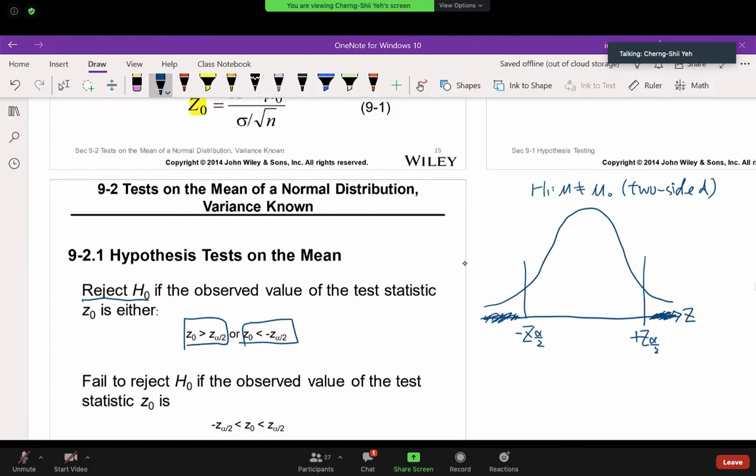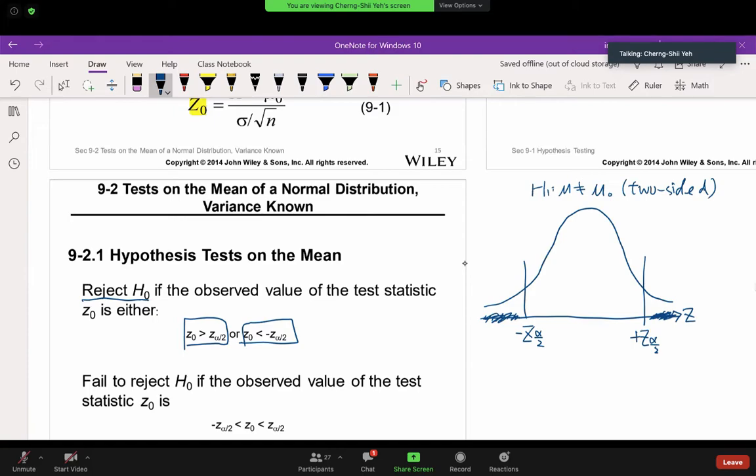That means our sample information is inconsistent with our null hypothesis. Our null hypothesis believes our population mean should be located between these 2 critical values. That's how we establish a confidence interval. But based on the actual sample we've collected, it tells us the sample mean is not located inside there. So that's the inconsistency. Because of that, we are going to reject the null hypothesis.